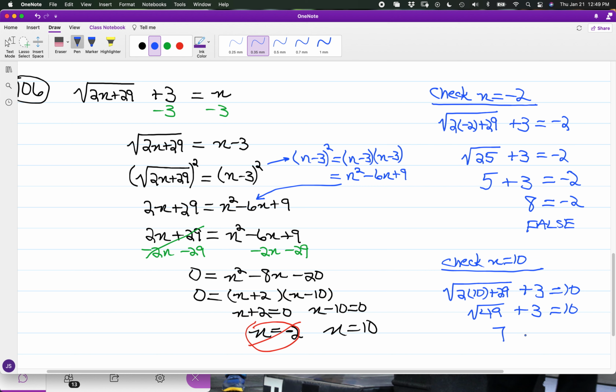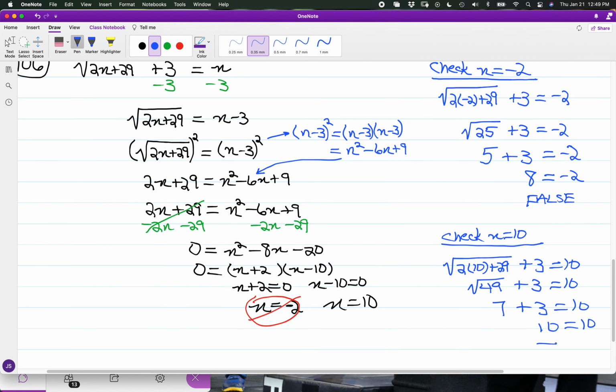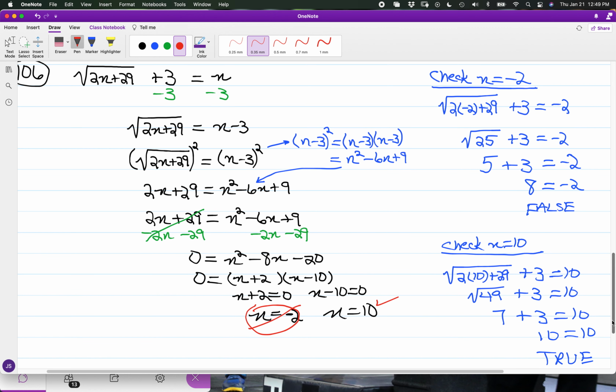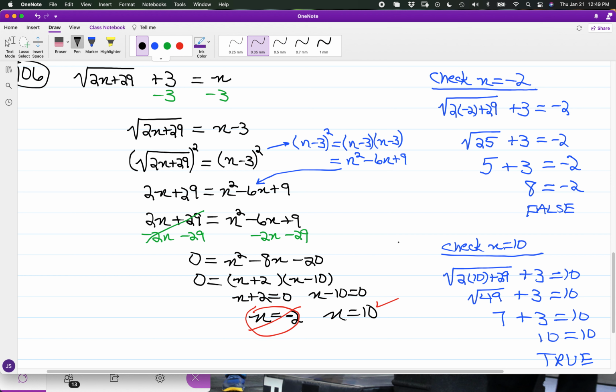Square root of 49 is 7, and 7 plus 3 is 10. That is equal to what we have on the right hand side, 10 as well, so that part is true. So negative 2 does not check out, but we do have 10 checking out for n. Just like m earlier in 105, we have one solution for n in the case of problem 106, and that is going to be the value of 10.